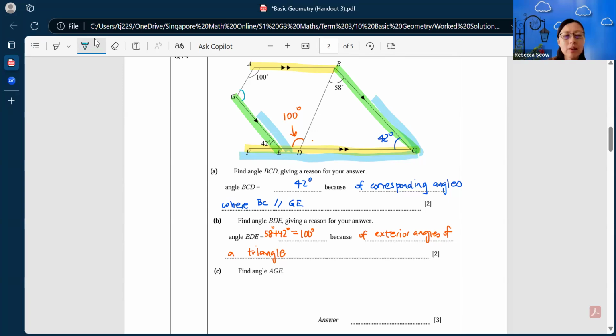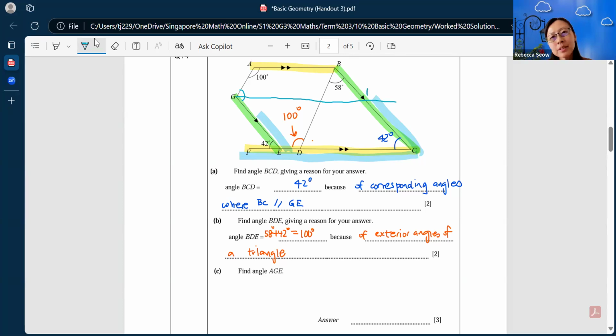And you notice, wow, okay, I don't think I have any parallel line that will give me this answer because I can't assume that AG and BD are parallel. Hmm. So let's consider drawing a straight line. I'm going to draw a straight line that will make existing parallel lines helpful, which is to draw it across.